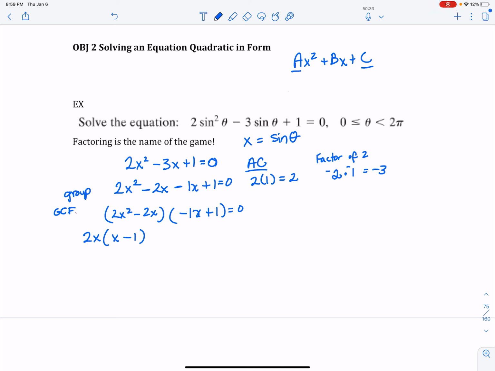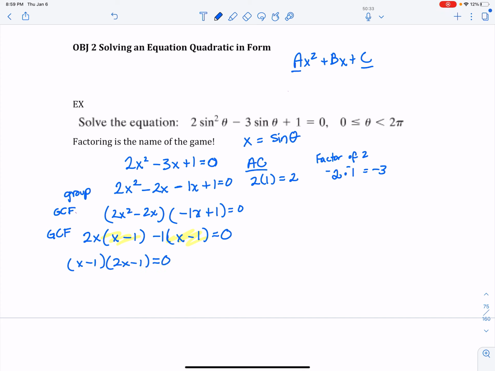And in the second grouping, the answer is negative 1 that I have common to both, so I'm left with x minus 1. Now when you do the grouping, the parentheses have to be exactly the same, which they are, so I can take the greatest common factor out again, which is that x minus 1. And I'm left with x minus 1 times 2x minus 1.